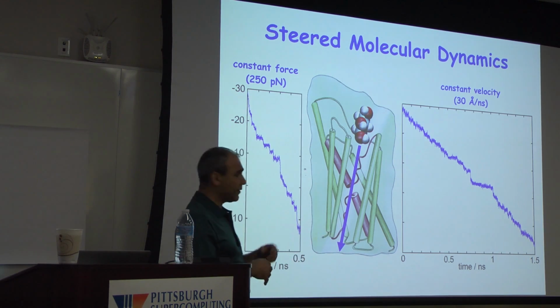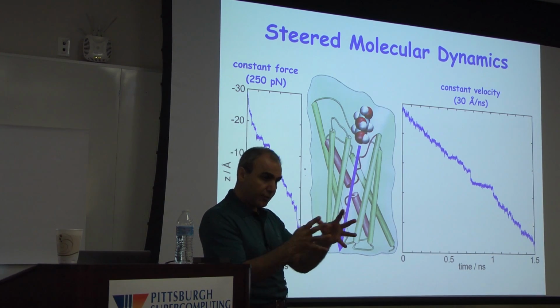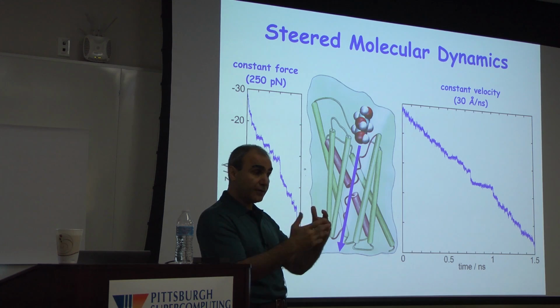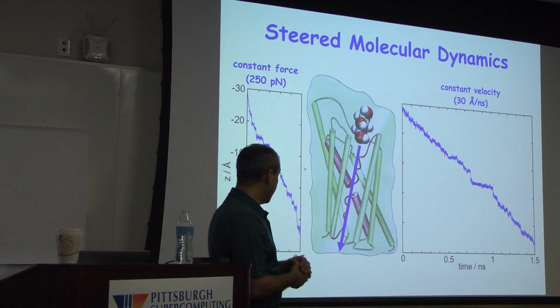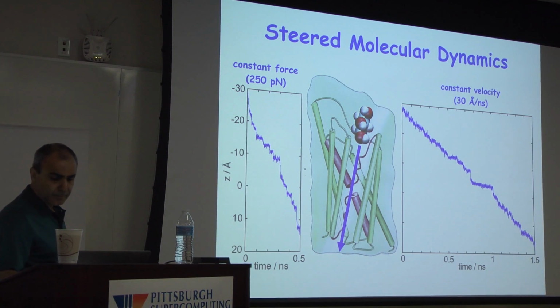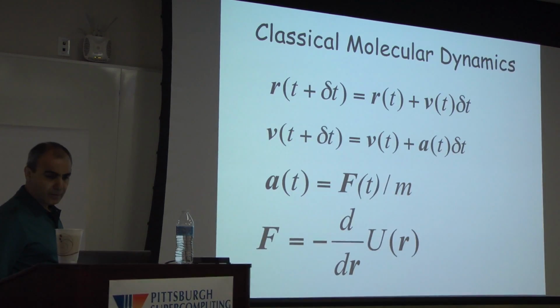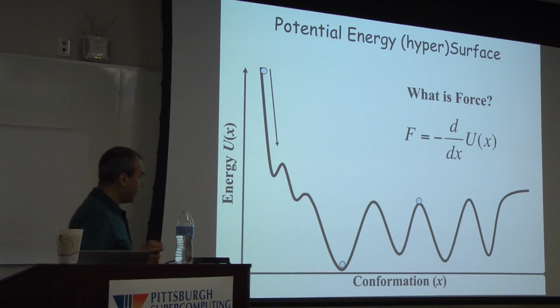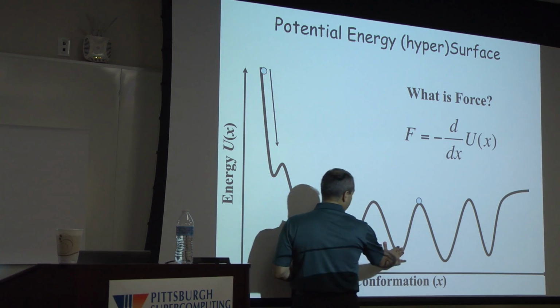Maybe then you can bias it. Maybe then you can try to reproduce the same phenomena using biased simulations and maybe look at the energies, free energies. So let me go back to my landscape if I can. Yeah, so this might be a second state.